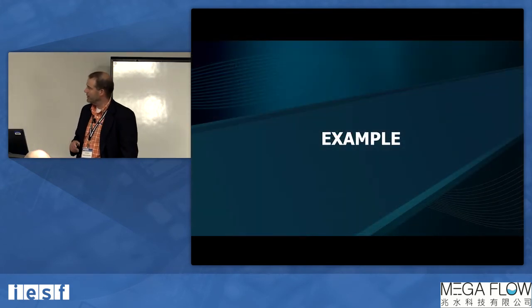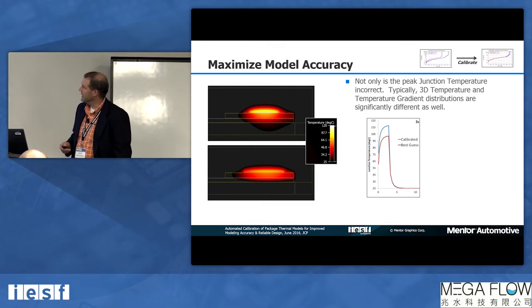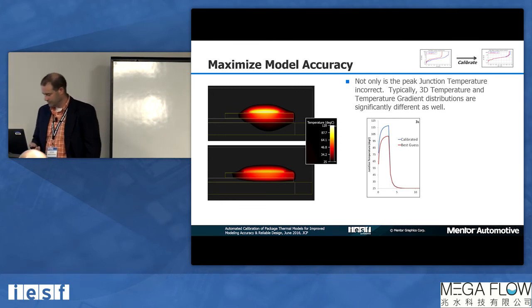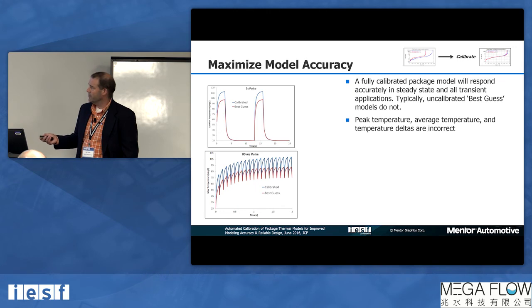So a quick example of that is we can look at this part here. This is the uncalibrated versus the calibrated. And you can see the temperatures could wildly vary with a step input. And the peak temperatures, average temperatures, and temperatures throughout the body will be very different.